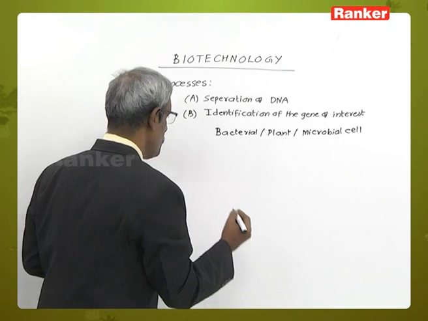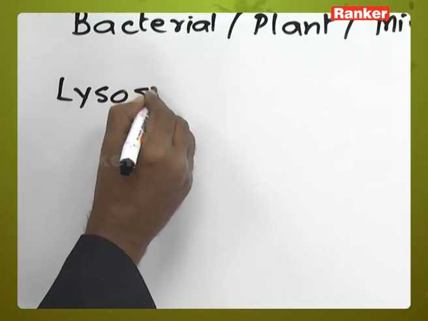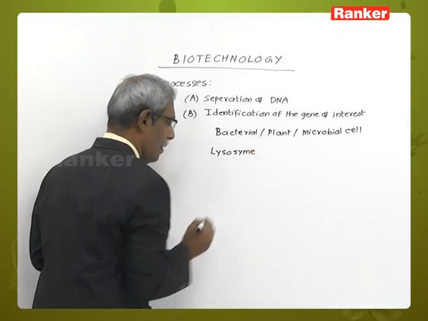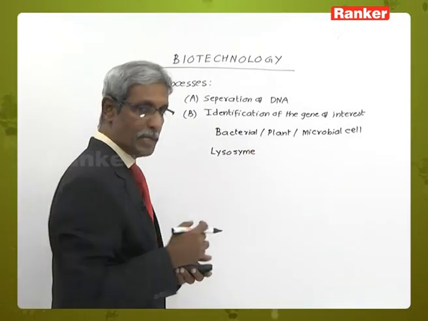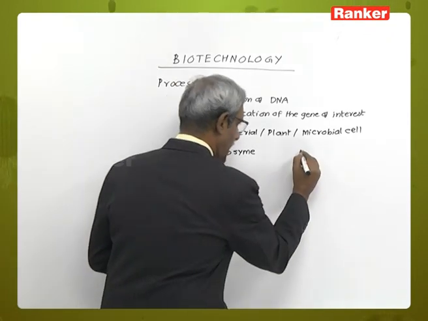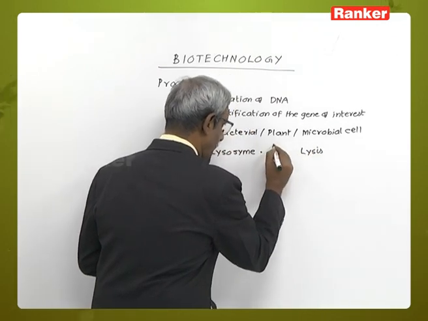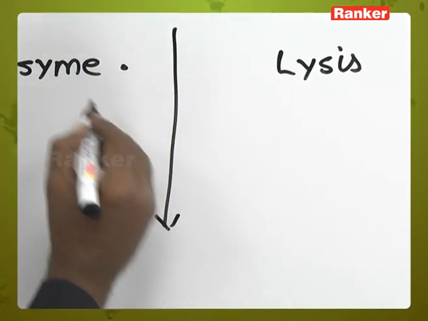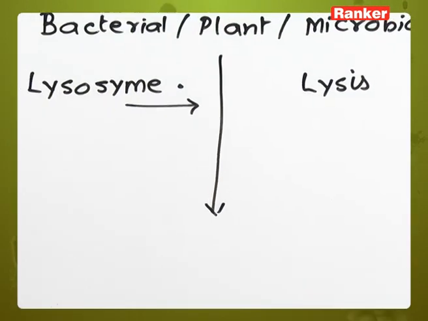When we use lysozymes, lysozyme is an enzyme which can cause lysis of the cell walls. So, when you take a microbial cell and add lysozymes, it leads to breaking of the cell walls.